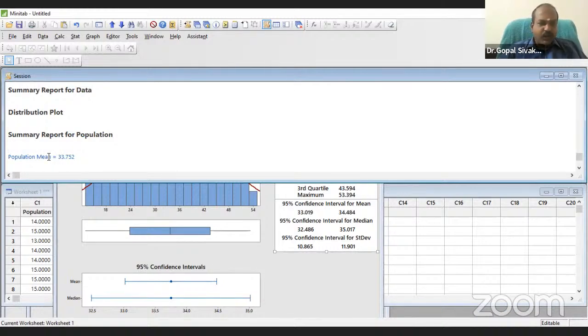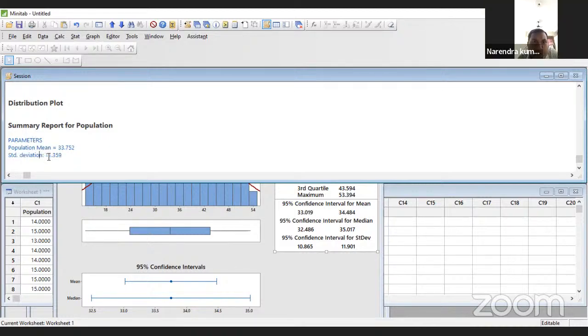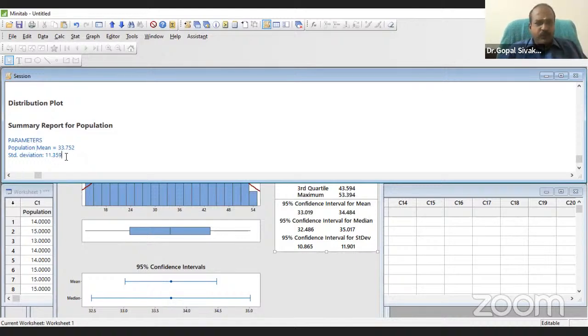these two are called parameters. Population characteristics are called parameters. If you go to the school, this will be the performance of the students in the entrance examination. Do you understand?